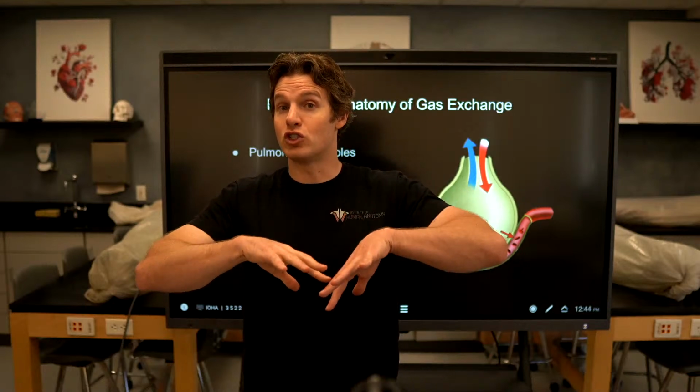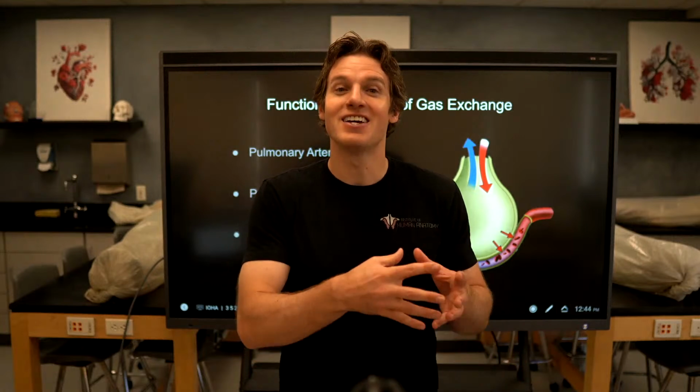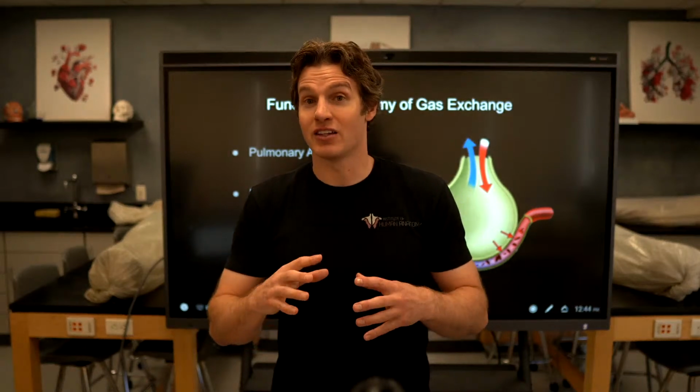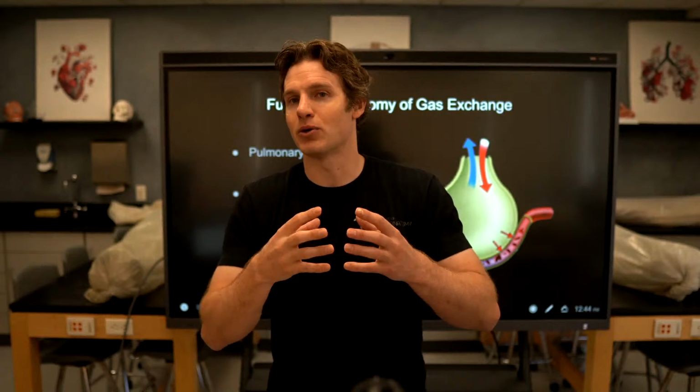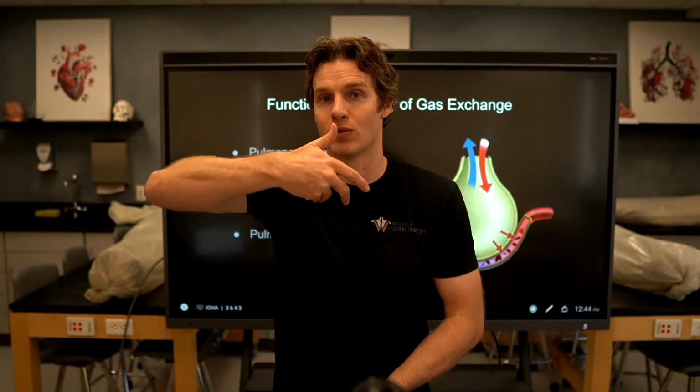But as you move deeper down into the respiratory tract, that pseudostratified columnar epithelium with cilia starts to transition into what's called simple squamous epithelium. The simple squamous epithelium is essentially what the alveoli are made out of. Simple means one cell layer thick, and squamous means flat cells. So those grape-like alveoli are made of simple squamous epithelium, and they're not going to be producing a ton of mucus like if we move back higher up into the respiratory tract.